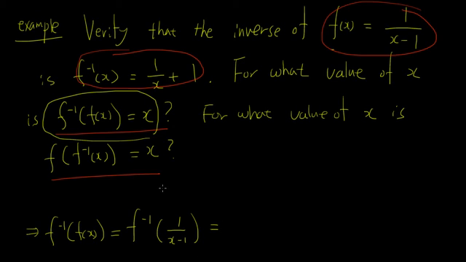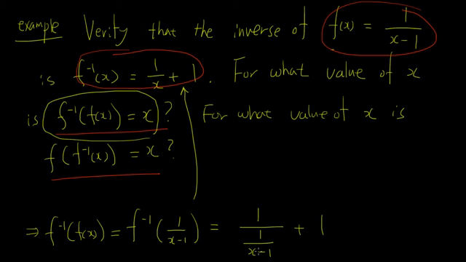Okay, now we're going to apply this, right? Because instead of writing x, I'm going to write this. So this becomes 1 over what used to be x. Now I'm going to put this whole thing, 1 over x minus 1 plus 1.